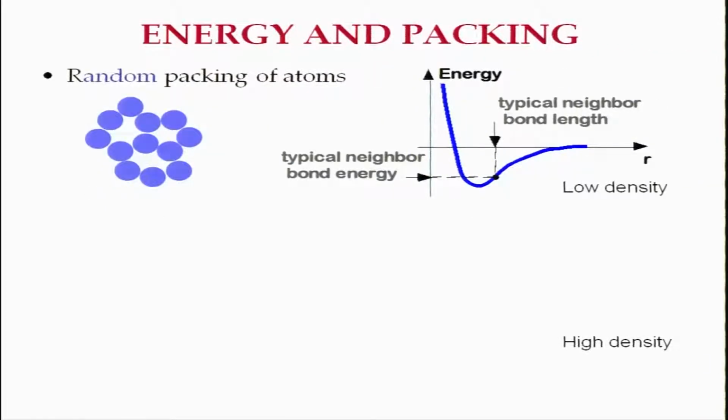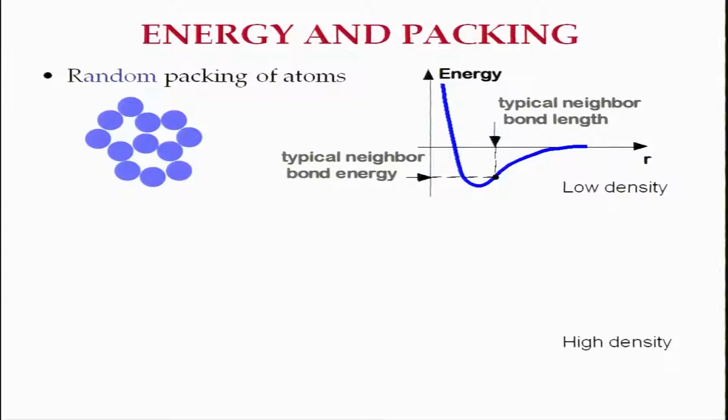So, the first thing that we consider is the energetics and packing of atoms with respect to the energy of the ensembles. If you have random packing of atoms, where atoms do not follow a particular configuration, they are random with respect to each other. So, the neighborhood of each of the atoms is different; some areas are dense, some areas are loose.